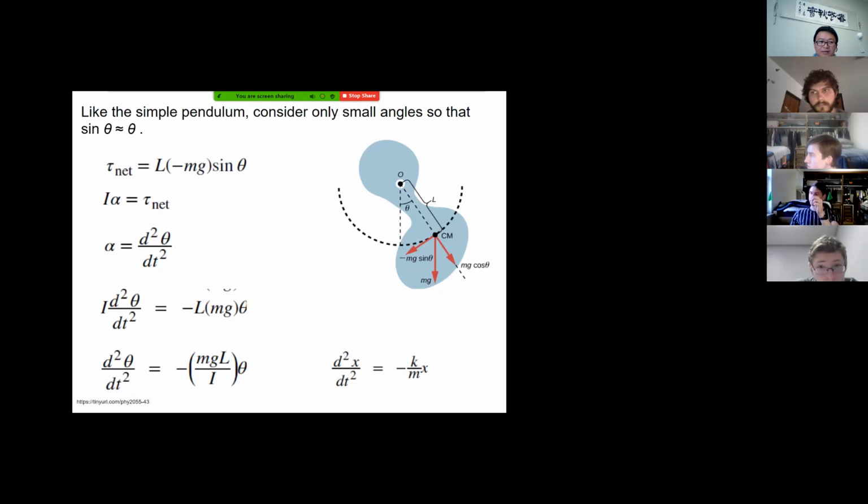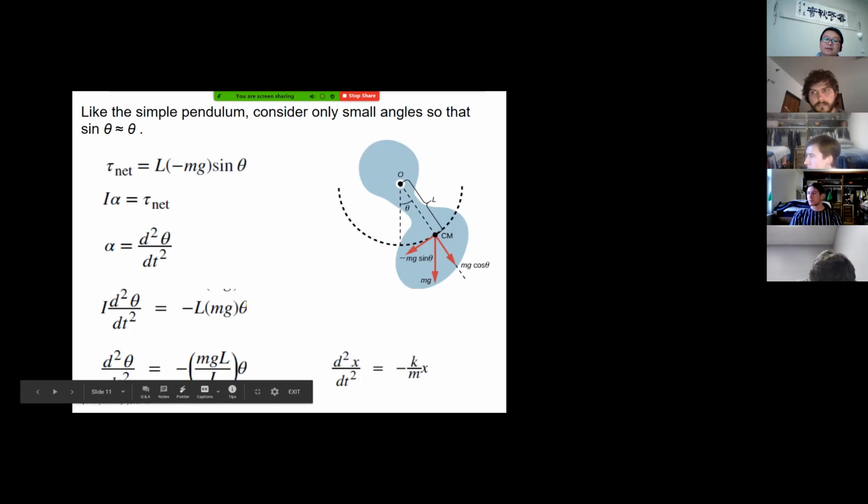So a equals minus k over m times x. These two equations have similar terms or similar operations. On the left hand side, both have a second derivative of a quantity. And on the right hand side, you just have a constant term times the variable.